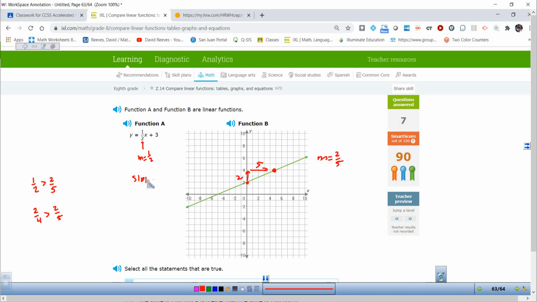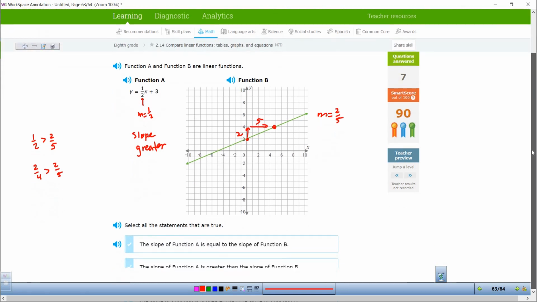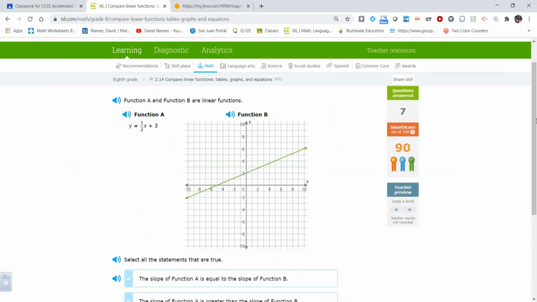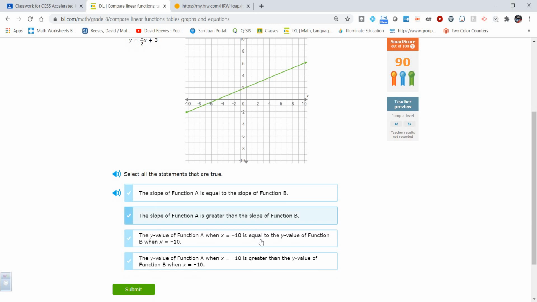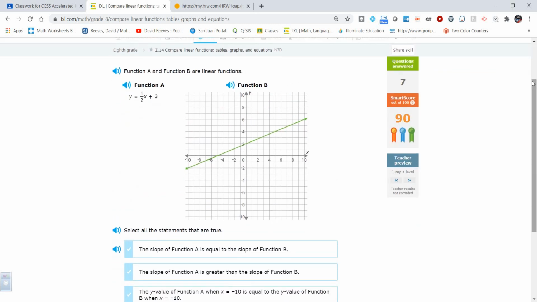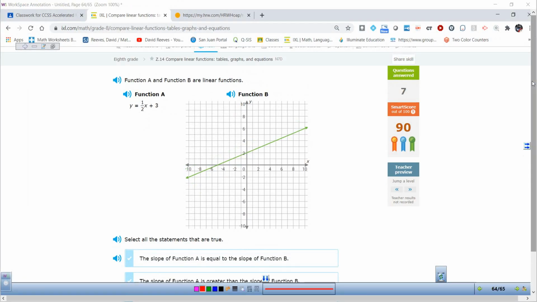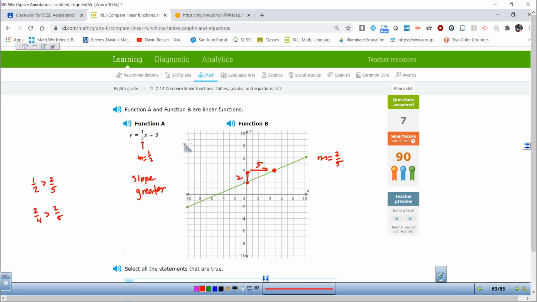I'm going to write this down. I'm not going to get this wrong. Slope is greater. Okay, now what are they asking us to compare? They want us to look as well at the y value when x is -10. All right, the y value when x is -10.